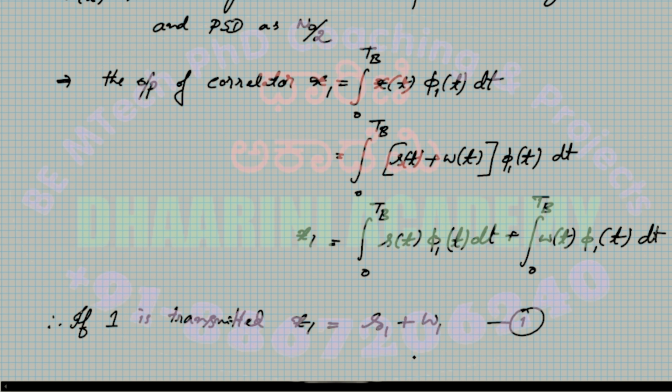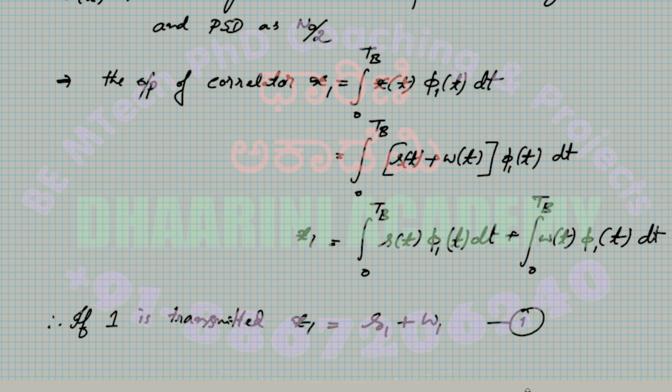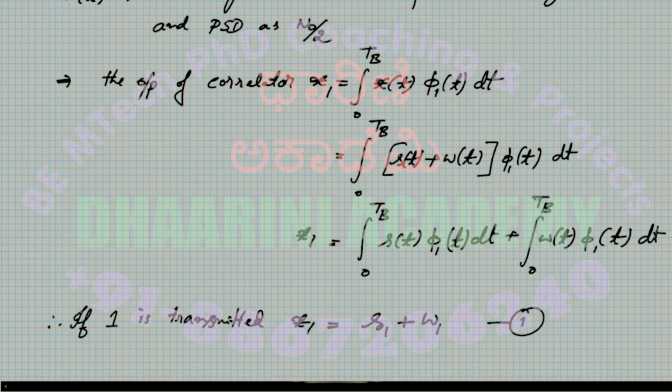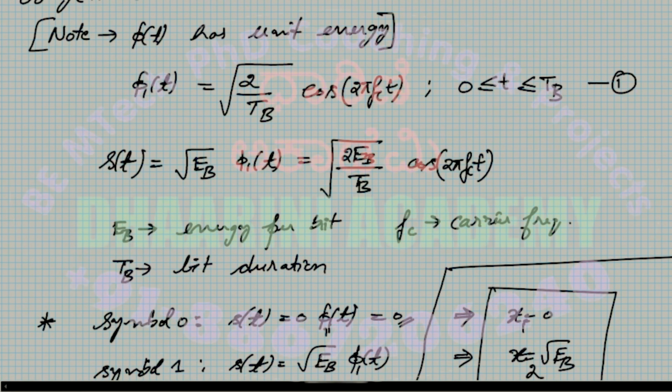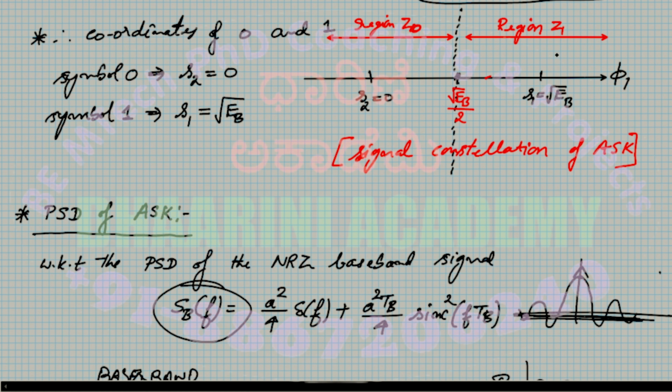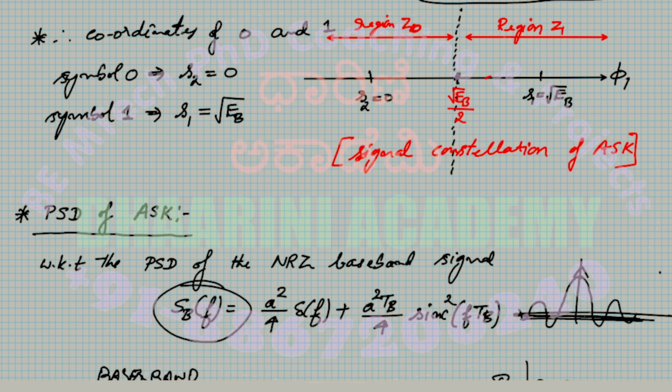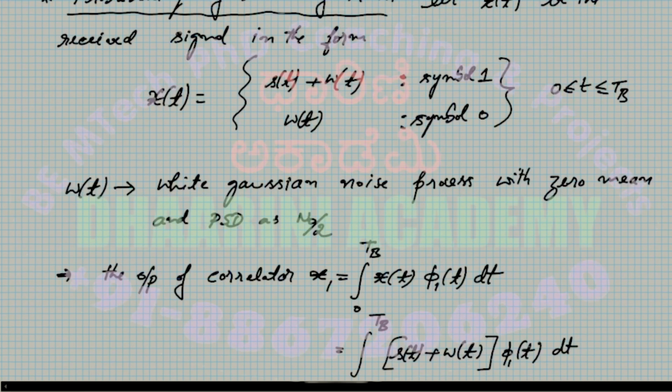Otherwise, it's just going to be the noise, w1. Now what is the value of s1? If you remember, when we discussed this earlier, s1 is denoted as root of Eb, which is the energy-based representation of symbol 1.